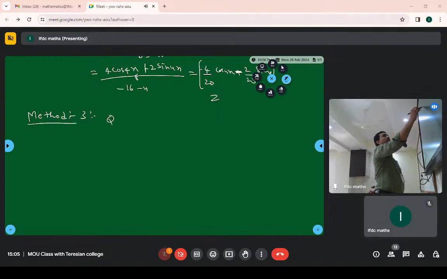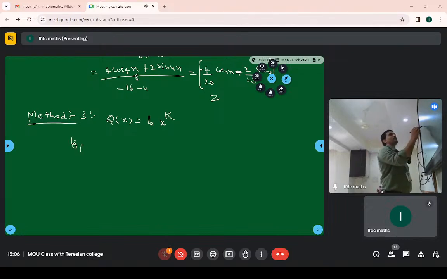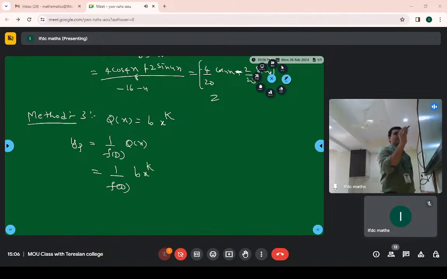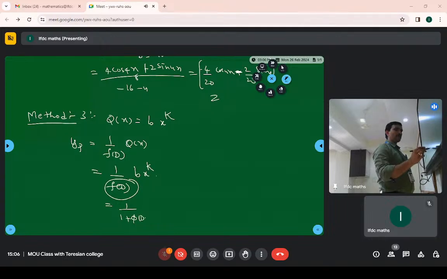If you want to solve any kind of equation, f of d y equal to q of x equal to b into x power k. For example, yp is equal to 1 by f of d into q of x. So 1 by f of d into what is the q of x value? b into x power k. So the denominator must be written as something like 1 by 1 plus phi of d into b into x power k.